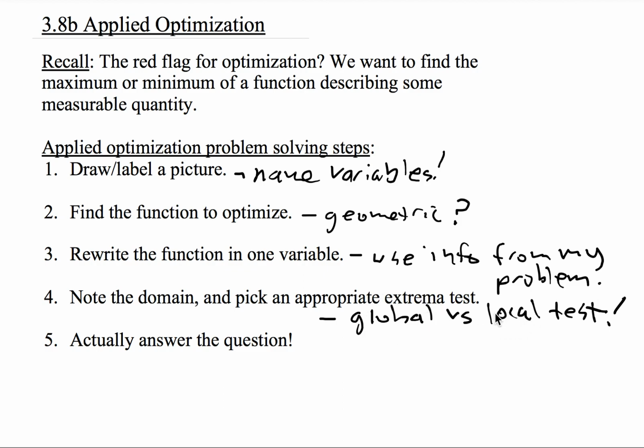Versus my local extrema test, this is where we're looking at breaking our domain up into different intervals using our critical points, and then we're checking where we're increasing or decreasing using the derivative. Okay, now depending on what your domain is, you may be forced to use one over the other. We'll play around a little bit with that today.